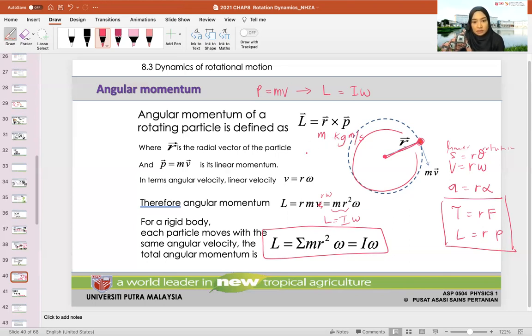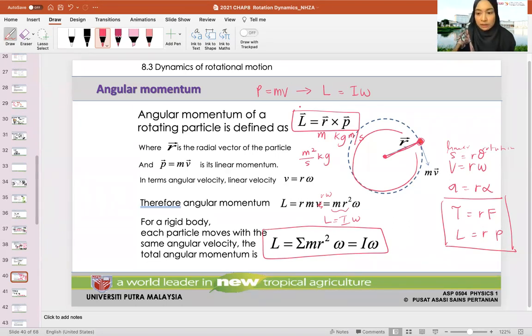So it's just meter squared per second kilogram, or if you want to arrange it, kilogram meter squared per second. So it's straightforward. Just memorize L is equal to R cross P, or RP, P as in linear momentum. Then you would remember the SI unit as well. I don't remember it. I should remember it.